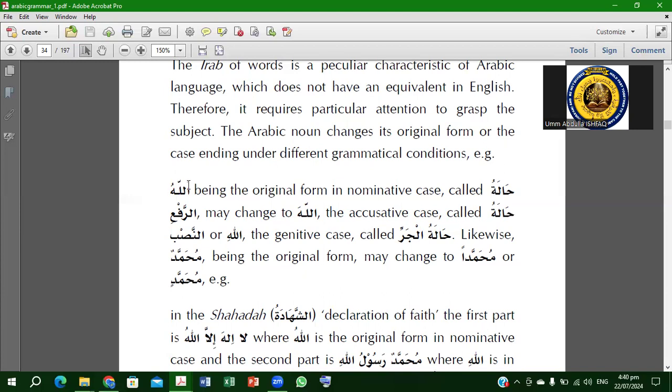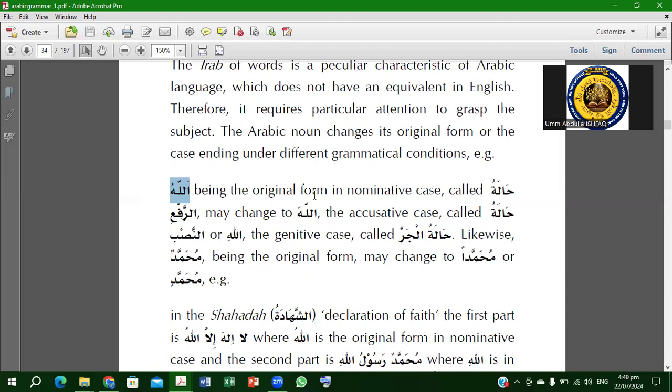So in the word Allah, the last letter is ha, and we look at what haraka it has. It has dhamma. So Allahu is the original form of any noun. Allahu, masjidun, babu, right?